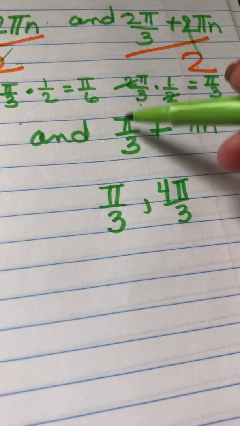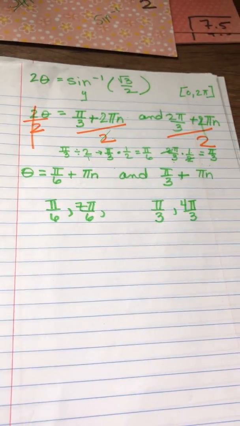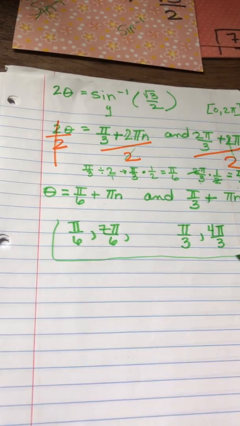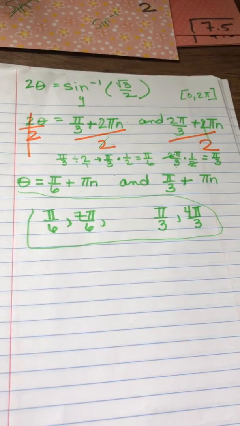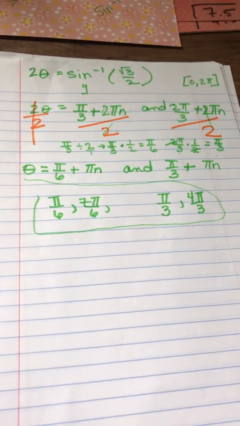What about if you add 2 pi to pi over 3? That'd be too big because we're supposed to be in the interval 0 to 2 pi. So this problem has 4 answers: pi over 6, 7 pi over 6, pi over 3, 4 pi over 3. Weird. Let's do another one.